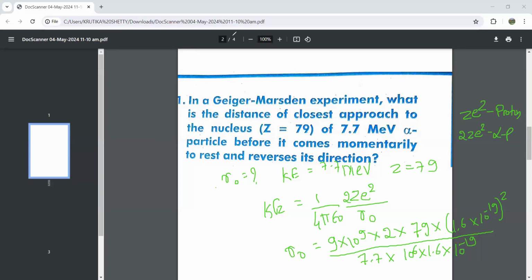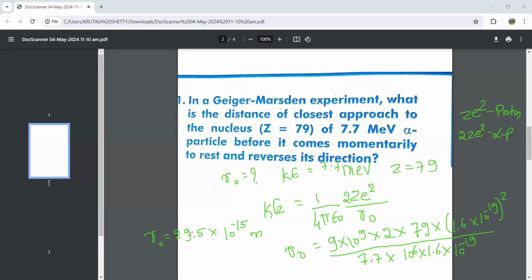295 into 10 to the power of 2 plus 3. Check the power a little. So if we simplify this, the R naught value is 29.5 into 10 to the power of minus 15 meter. Check the power later. Otherwise you should get 295.4 into 10 to the power of minus 16. So just check the power later.